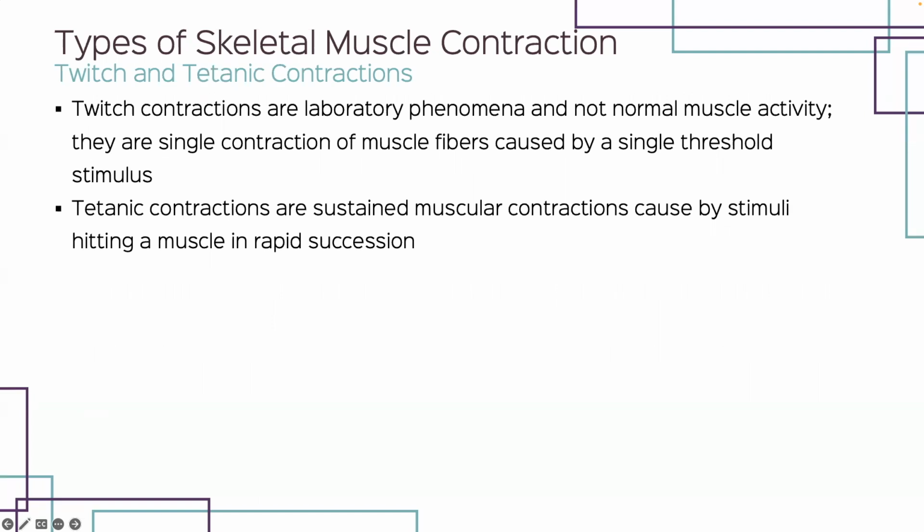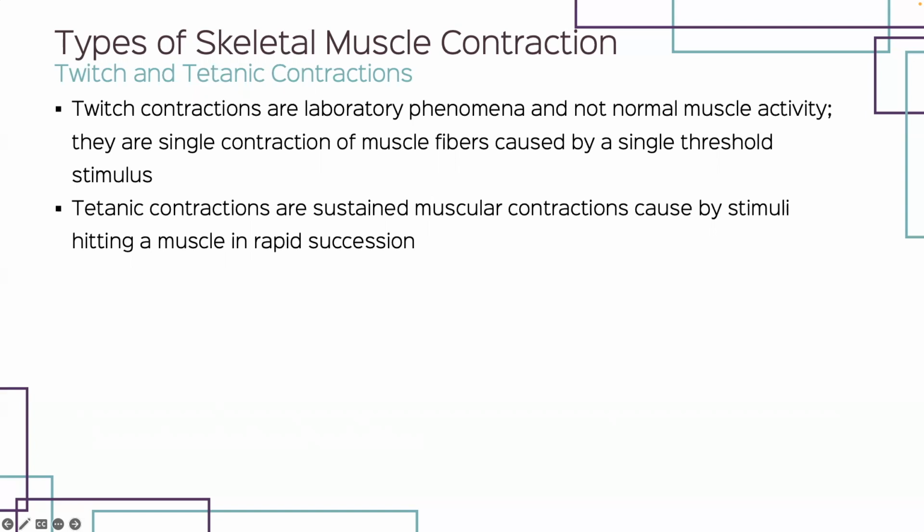Twitch contractions can be seen in isolated muscles during research, but they play a minimal role in our muscle activity. To accomplish the coordinated and fluid muscular movements needed for most daily tasks, muscles must contract in a coordinated, smooth, and sustained way.